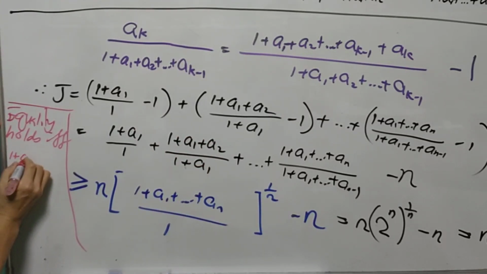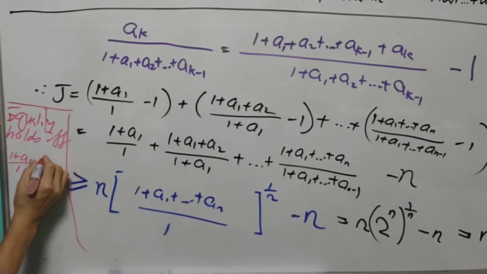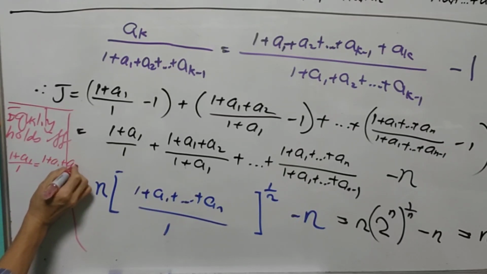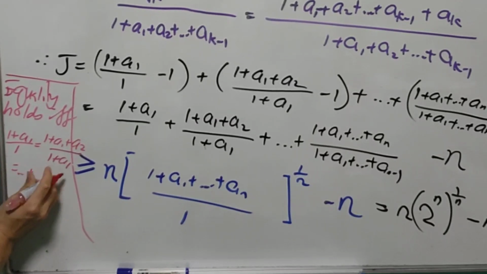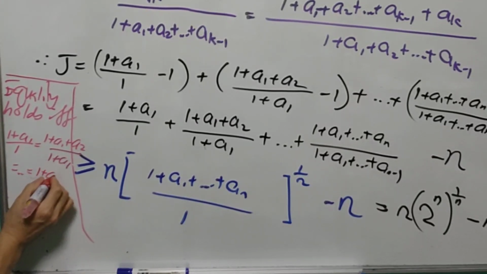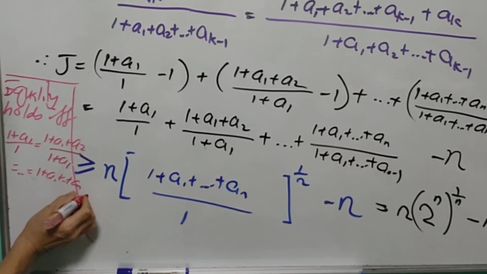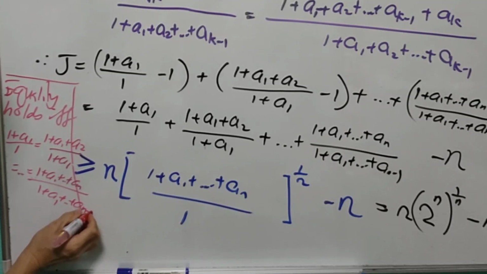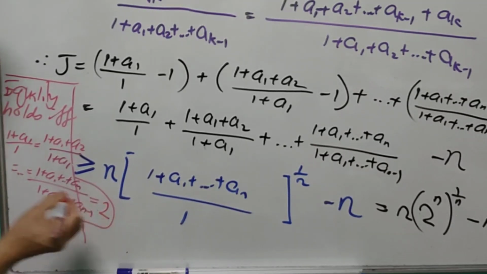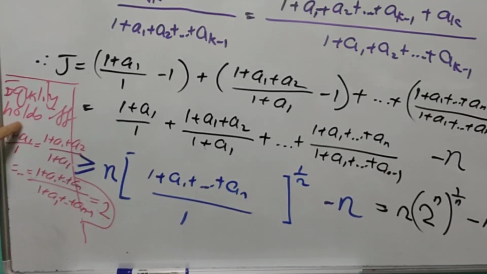So 1 plus a1 over 1 equals 1 plus a1 plus a2 over 1 plus a1, all the way to 1 plus a1 all the way to an over 1 plus a1 all the way to an minus 1, equals 2. So 1 plus a1 over 1 equals 2. It means that a1 has to be equal to 1.